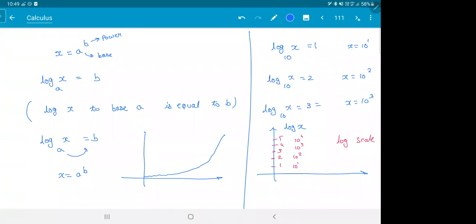Let's say at this point the world population is maybe 2 billion, and here it is 4 billion. So literally the population doubled, right? Here also it doubled, no? But on a graph, this one looks so huge, and this one will look like nothing. But percentage-wise, both are the same. So when you're trying to study the growth rate, you don't want absolute numbers. You want growth rate. Then the log scale becomes important.